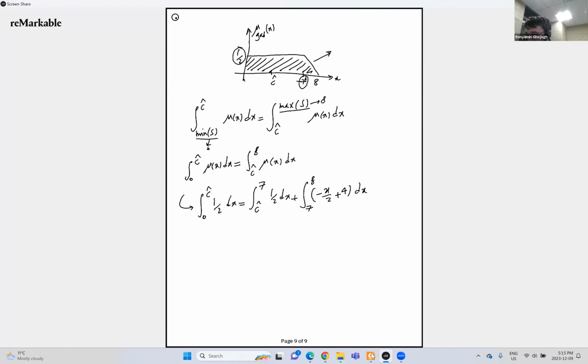Let's solve this. This becomes 1 over 2 x, this becomes half x again.